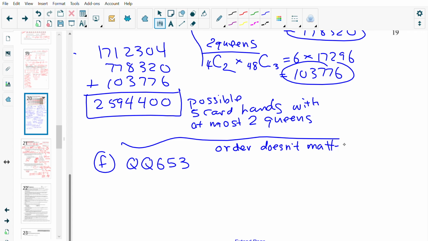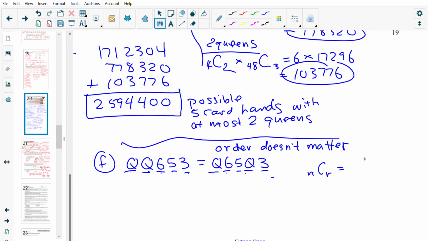So queen, queen, 6, 5, 3 is the same hand as, let's say we selected it this way, queen, 6, 5, queen, 3. It's still the same cards, but the order doesn't matter because we just want to see how many ways you can select a queen, queen, 6, 5, and a 3. So it equals this, right?